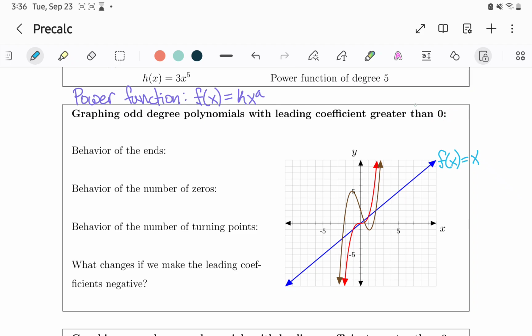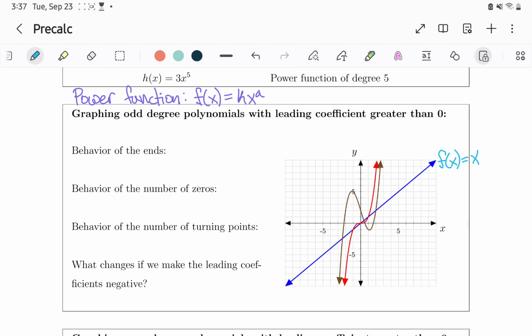When it comes to describing the behavior at the ends, what we're talking about is what happens to the values of f of x if we let x go to plus infinity, as well as what happens as x goes to minus infinity.